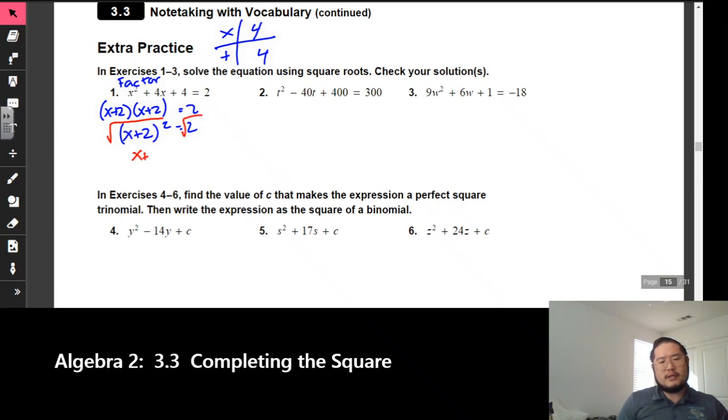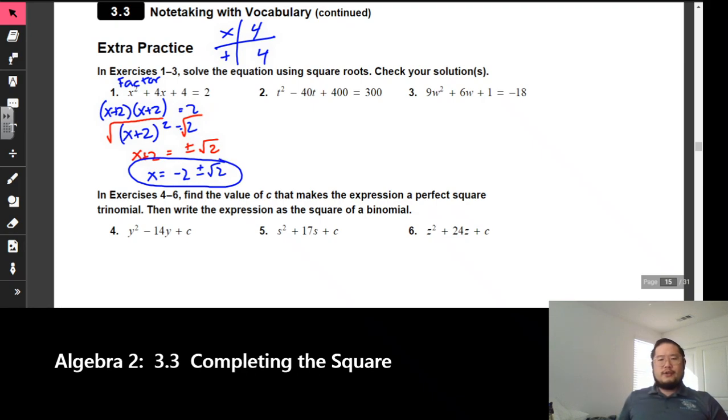Now I have x plus 2 is equal to, and don't forget, when I am solving a problem, we have to make sure we put plus or minus when we square root. And then there's one last step: we're going to subtract 2 from both sides to get x by itself. So I have negative 2 plus or minus radical 2, and we have now solved it.